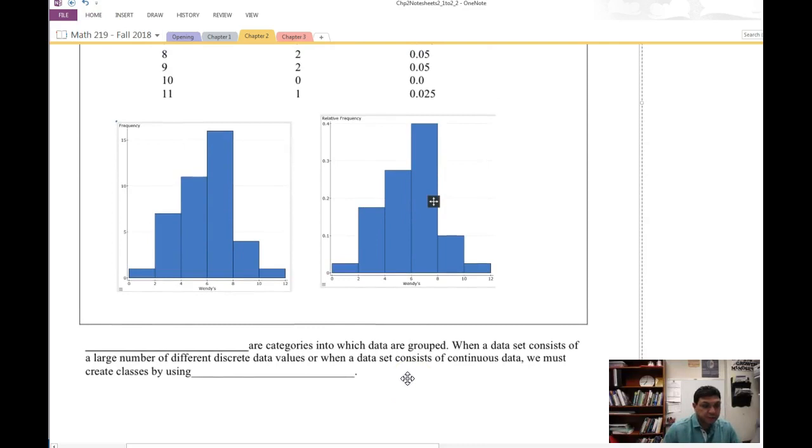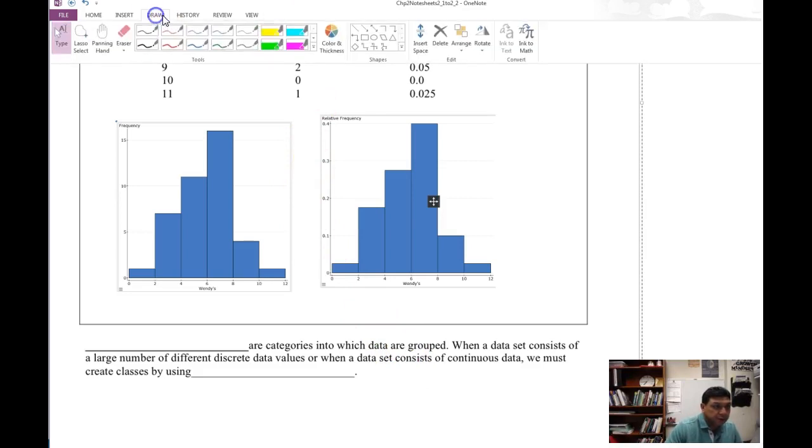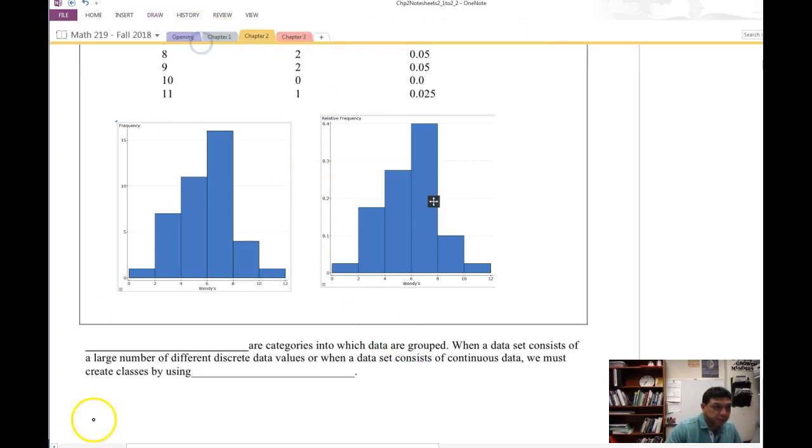To finish this video off, we want to complete our notes here. We have a term that I used once already, but I'm going to use it again and define it for you now. The word is classes. Classes are categories into which data are grouped. When a data set consists of a large number of discrete values, or of continuous data, we must create classes.